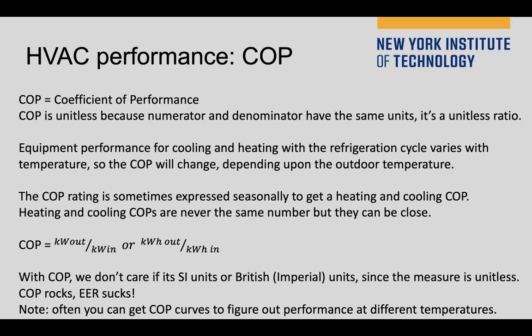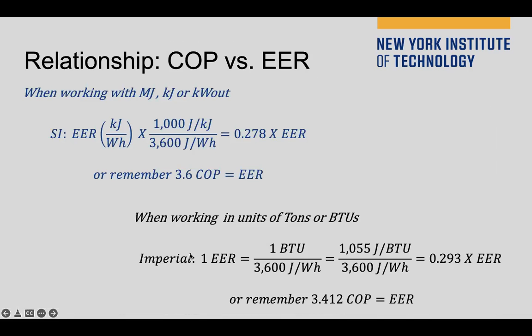So we also make such a convention and we can obtain 3.412 COP is equal to 1 EER. Okay? So that is the convention between two types of unit, imperial unit and SI unit, and also the COP to EER.